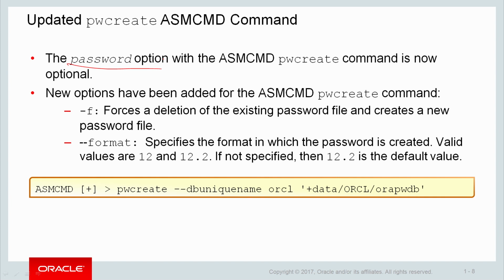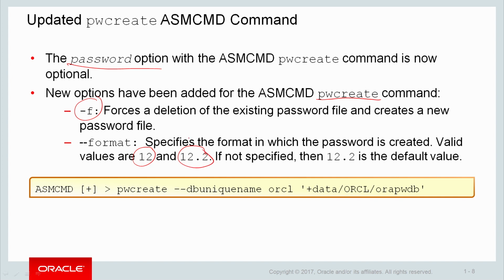So it's now optional to put the password in the command line. You will be prompted to provide it instead. There are a couple of new options though for the ASMCMD pwcreate command. The -F option forces the deletion of the existing password file and creates a new password file for you. And the format, well, we have 2 current formats for the password file that we support, 12 and 12.2.